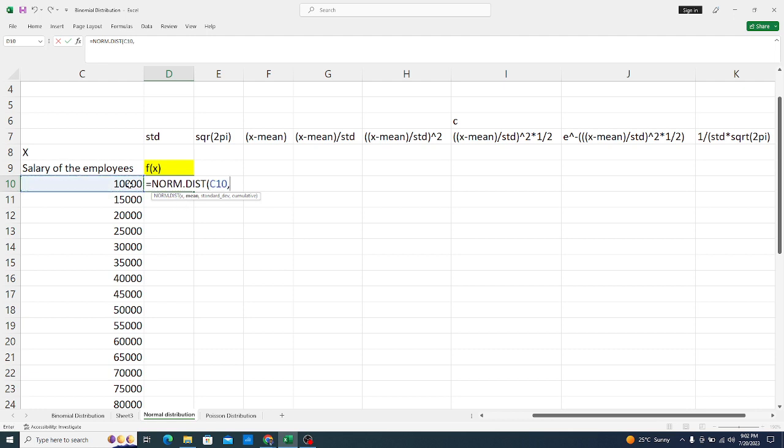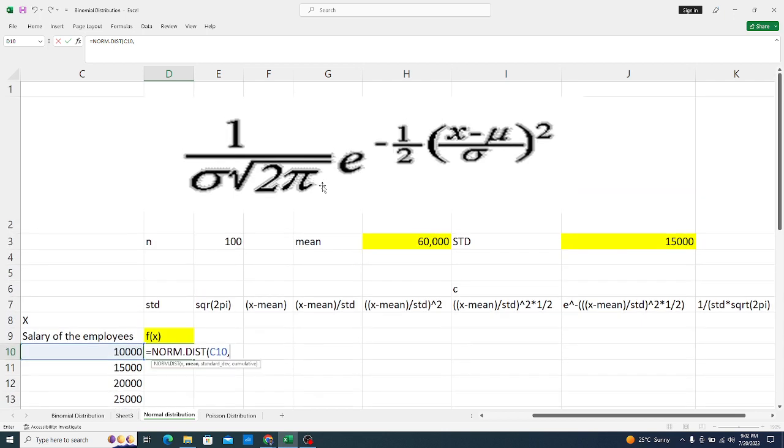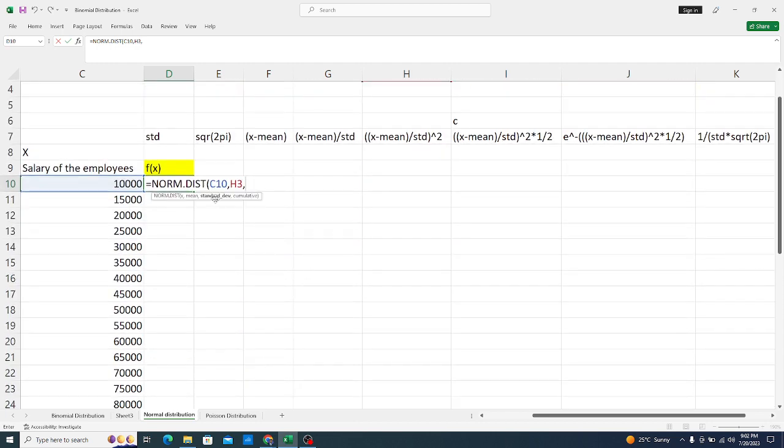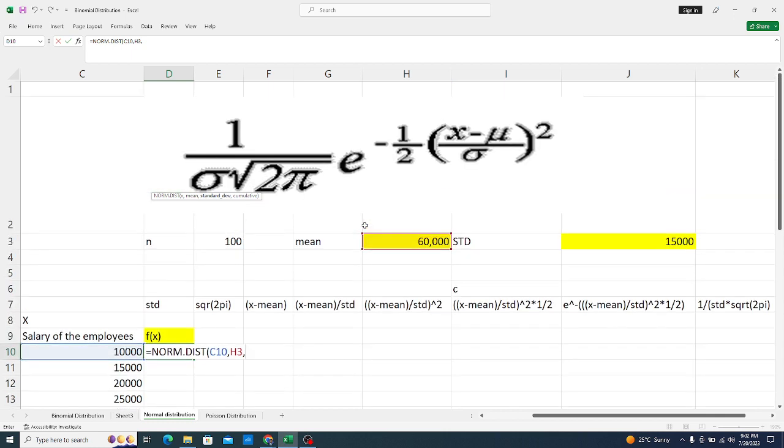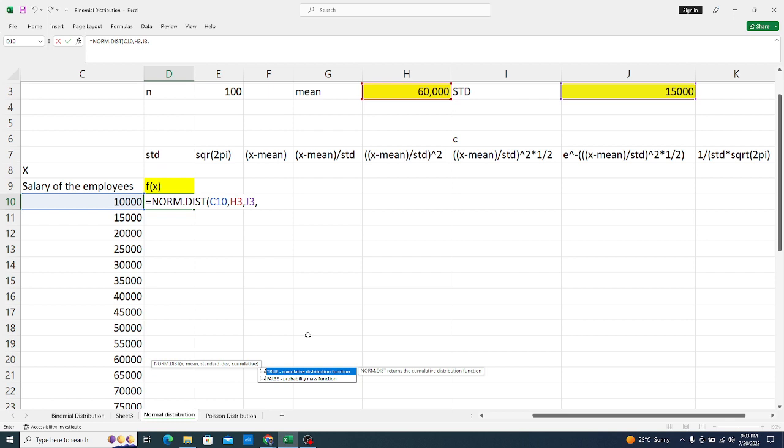Then a comma. After that, we'll need the mean, and we are given the mean here as 60,000. Then comma, and we are given the standard deviation as this.